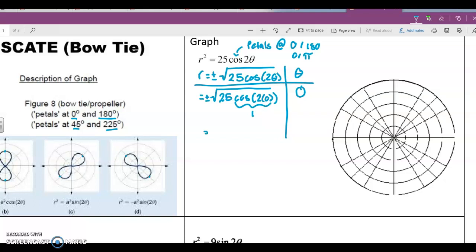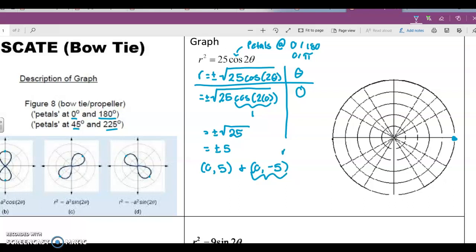So then this is equal to plus or minus the square root of 25, which is plus or minus 5. So technically what we have right now are the points 0, 5, and 0, negative 5.